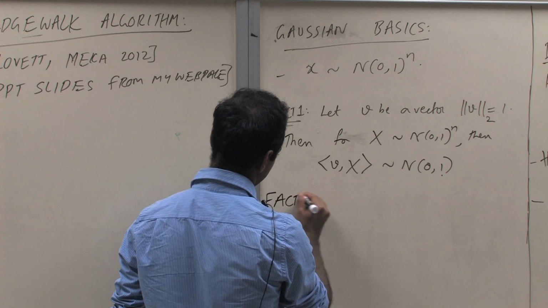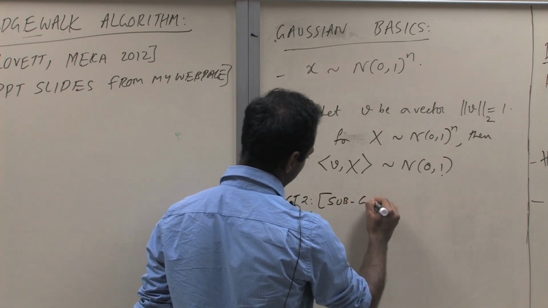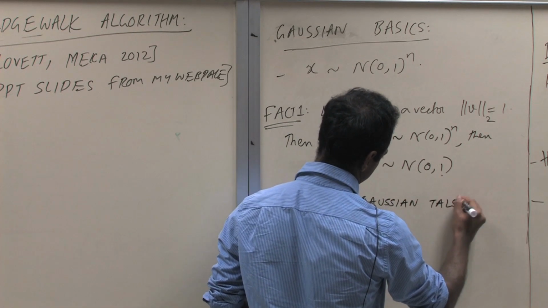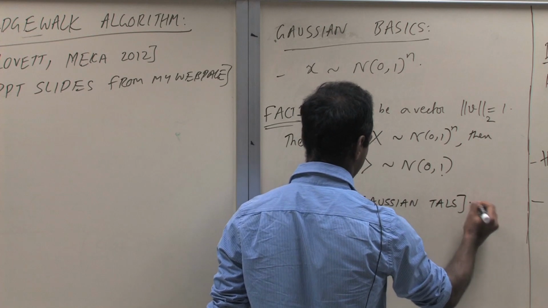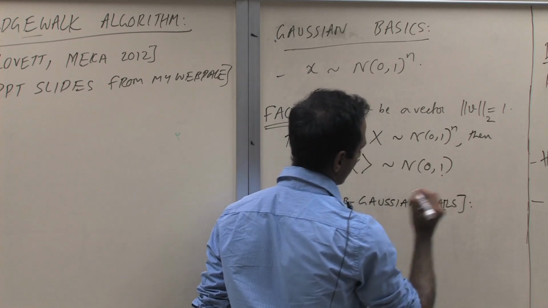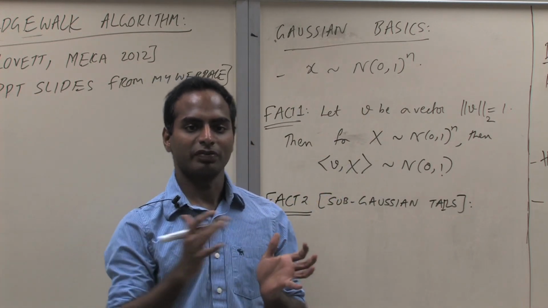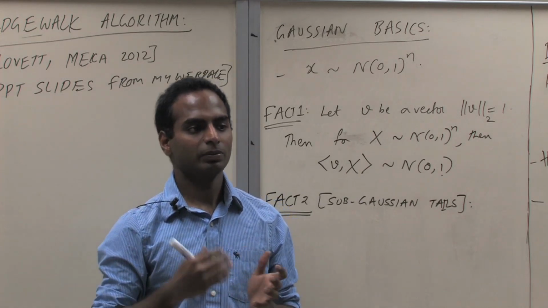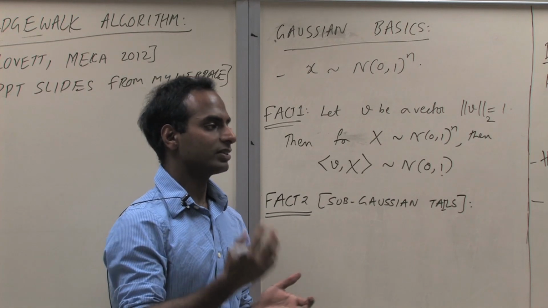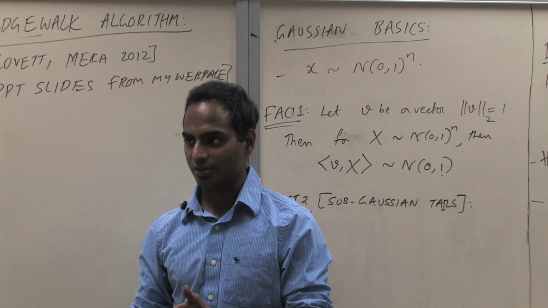The second property is called sub-Gaussian tails. Earlier I stated the Chernoff bound: if you take the sum of n independent plus or minus 1 random variables, the probability that you're t standard deviations away decreases exponentially in t squared. That's also true for the Gaussian distribution.